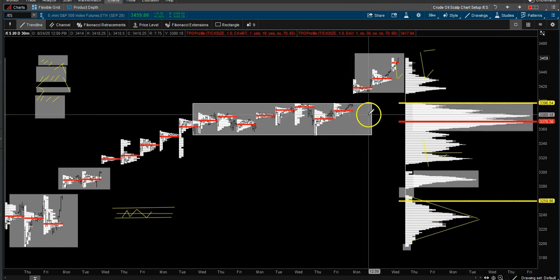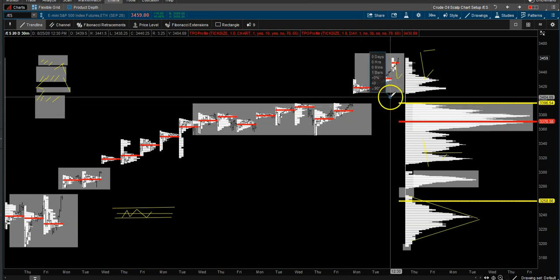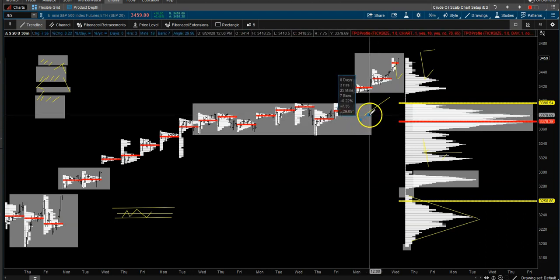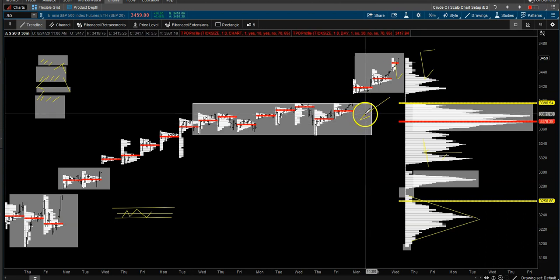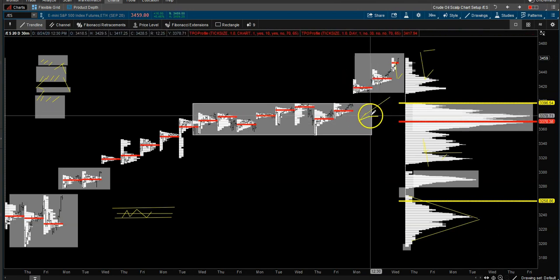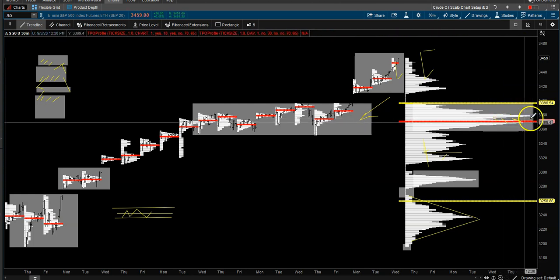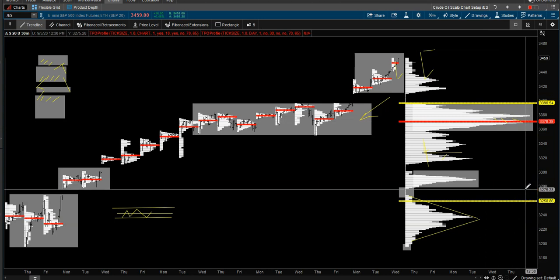Maybe price will fall and trade within this level, probably somewhere around here. Price will bounce, come here and bounce, then go sideways and fill all this in, and then price can either go back up or continue on its way lower.